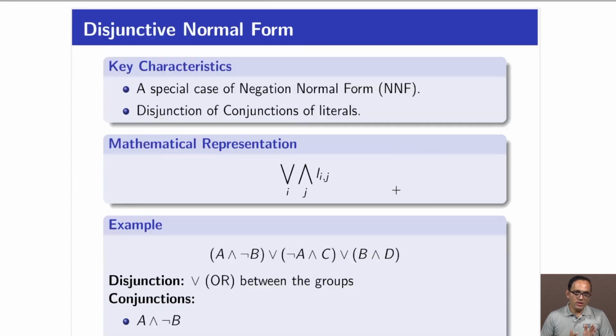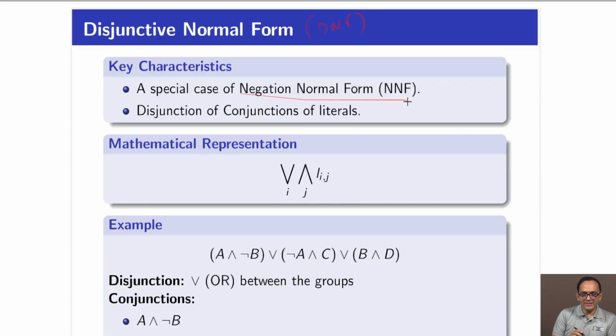Okay. Now, I will move on to the next one, which is called disjunctive normal form or DNF. CNF and DNF are the most common ones, which are a subset of NNF. So, in addition to the NNF rule, that you do not have any other operator other than and, or, and not, and your negation is always associated with the atoms or propositional constants, I also add an additional rule for how your and, or operators occur in your formula.